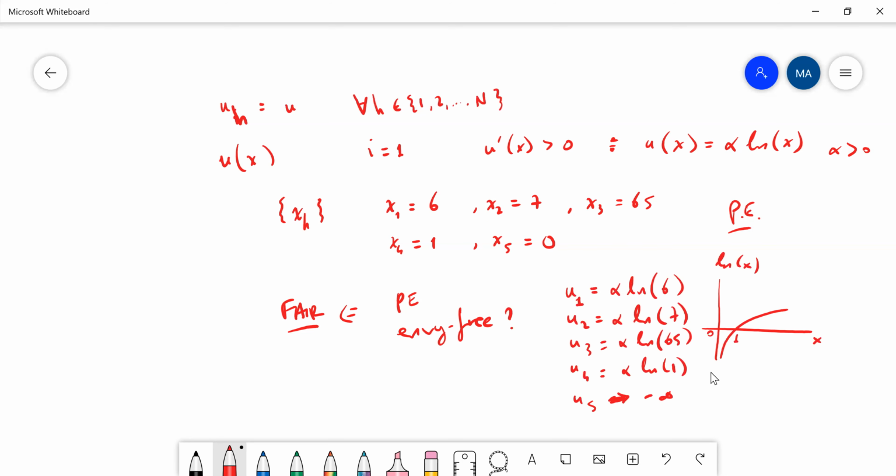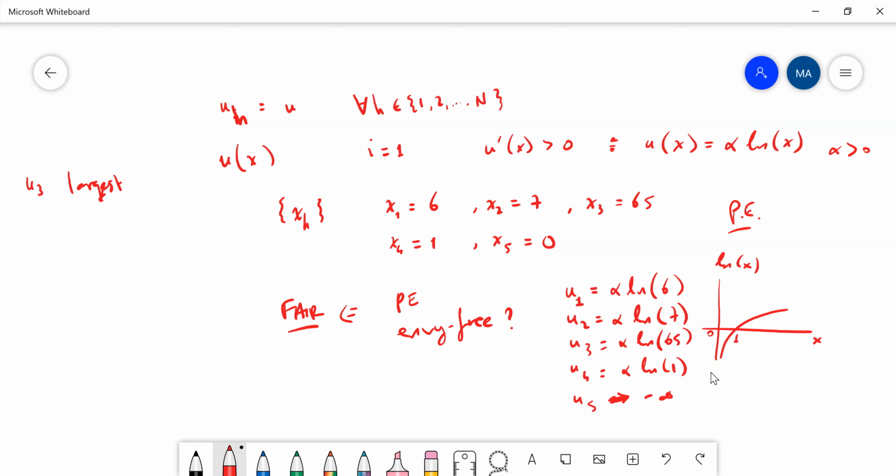Now, is it envy-free? What do we require? Now, obviously, U3 is the largest, right? So our third agent does not envy any other. But the fourth and fifth agents envy the rest of them, right? So we can say in this economy, in this simple example, allocation is not envy-free, right?